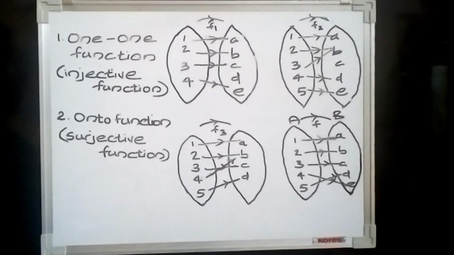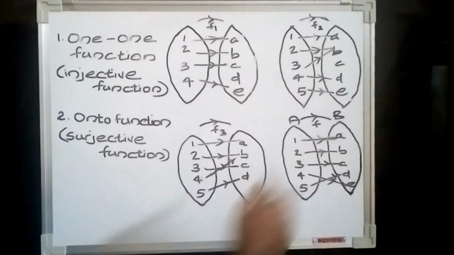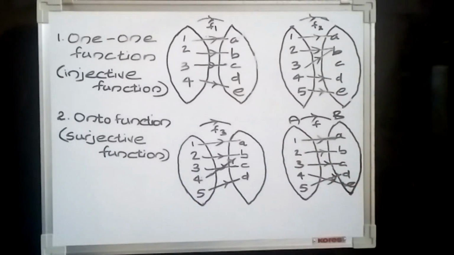And look at the last function, denoted by f. It is clearly 1-1 and onto, because every element is related to one element.